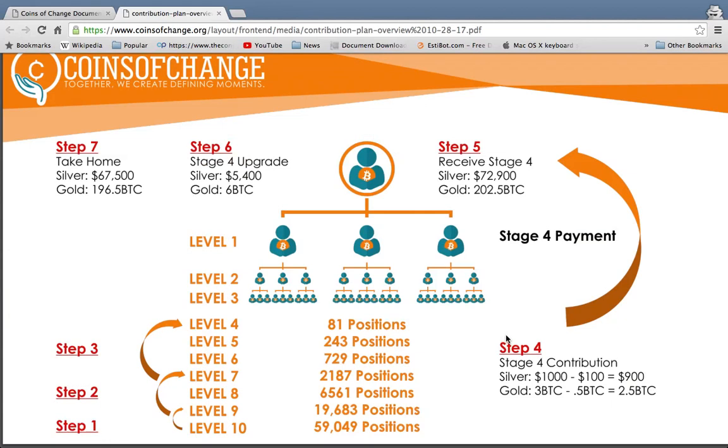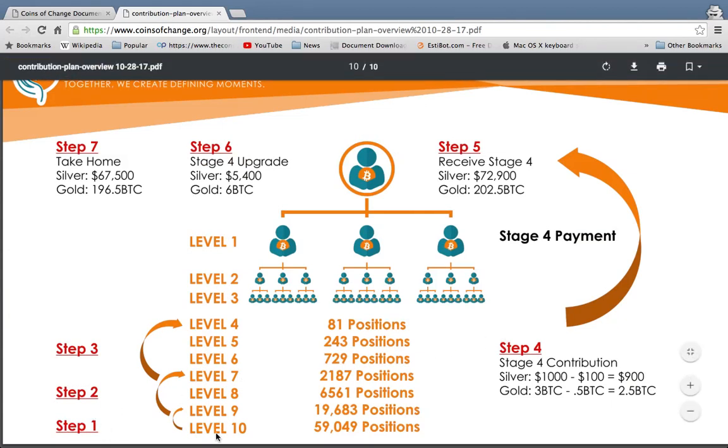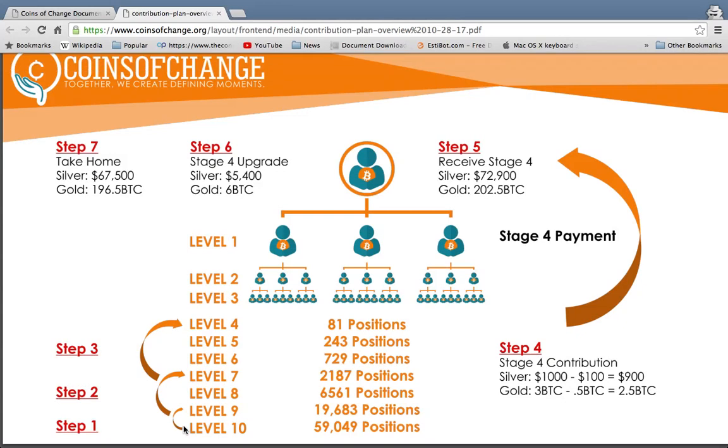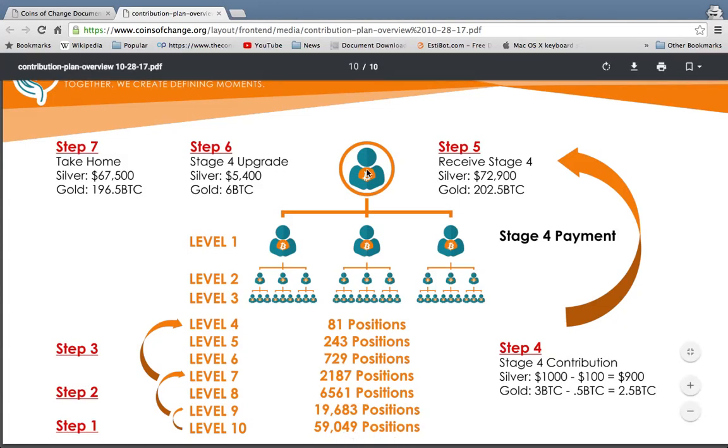All right, so let's start at step 1, because now this is all going to come into a complete picture for you. Level 1, step 1. This is your level 10. But this is actually for your level 5 people.